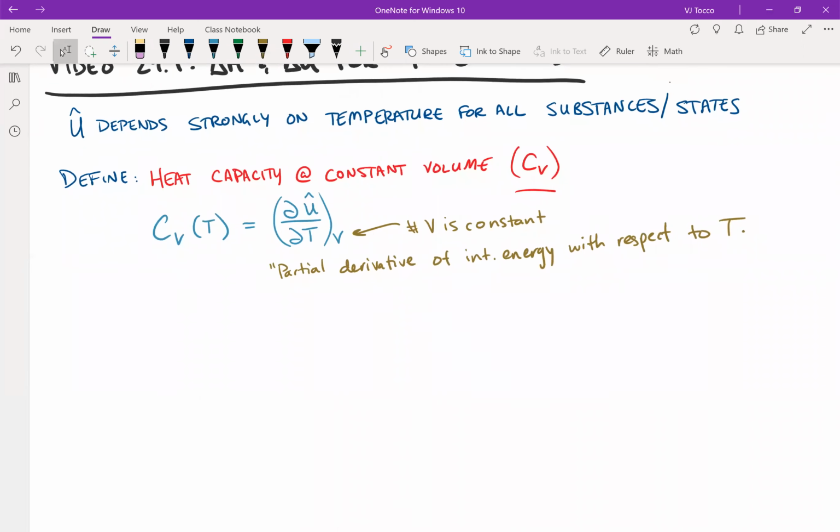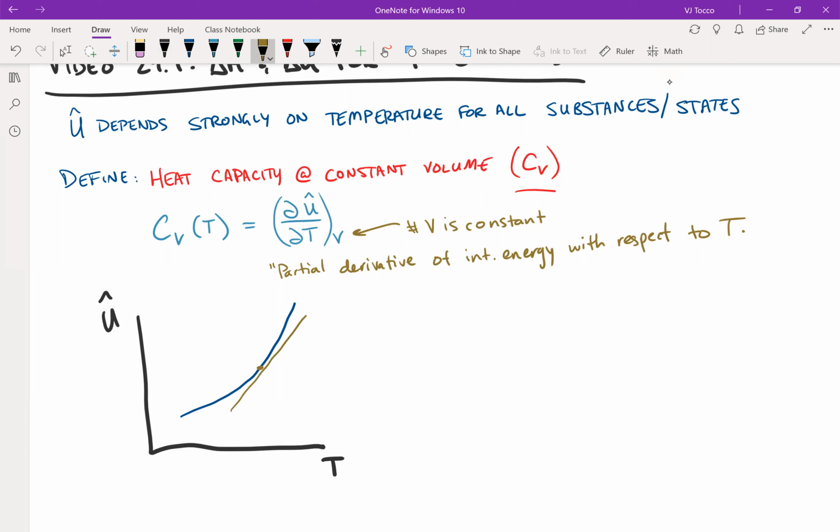The way I like to think of C_V of T is if you were to make a plot of specific internal energy versus temperature, the curve would maybe look something like this. So as temperature is increasing, internal energy is also increasing. I like to think of C_V of T as the slope of a tangent line at a given T. So let's say we wanted to know what the heat capacity was there.